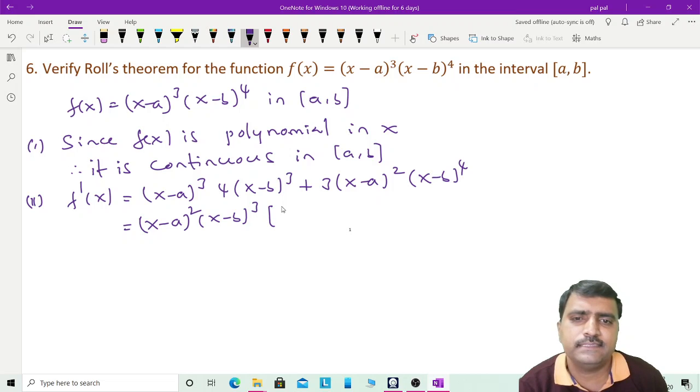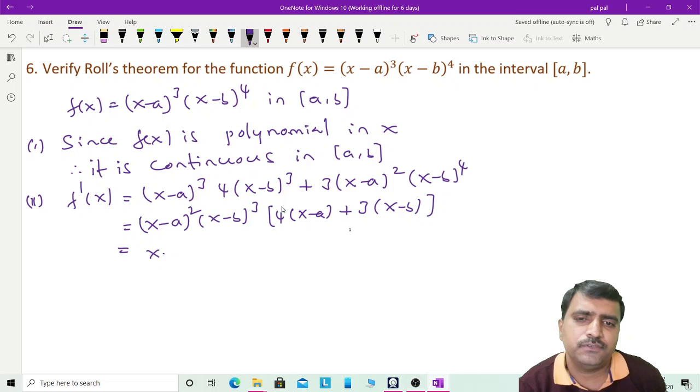So what is remaining here? If x minus a whole square comes outside, remaining in the first term is 4 into x minus a. In the second term, x minus b whole to the power 4 with x minus b whole cube taken out, remaining is 3 into x minus b.